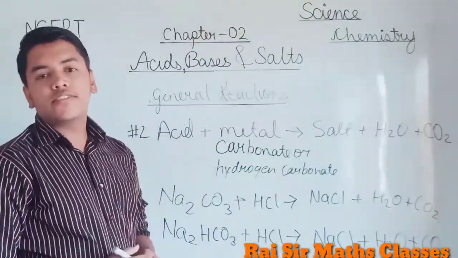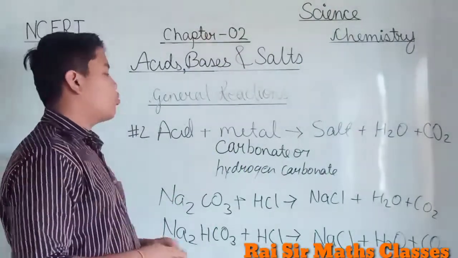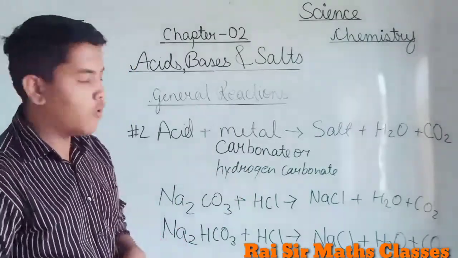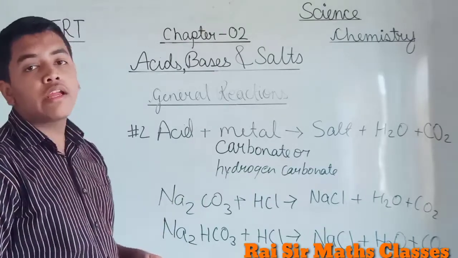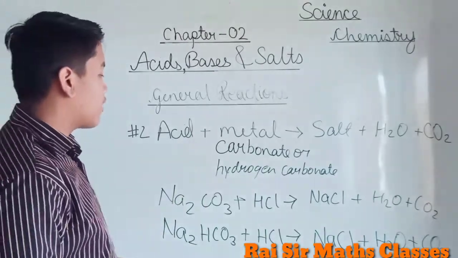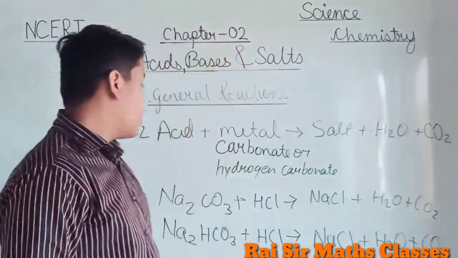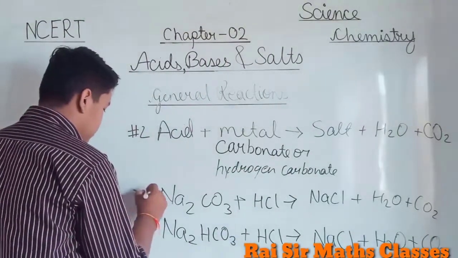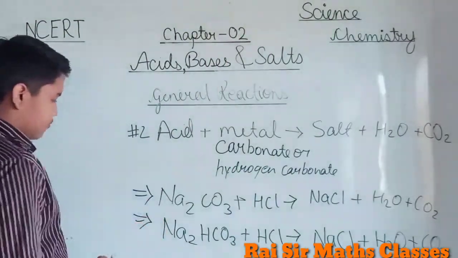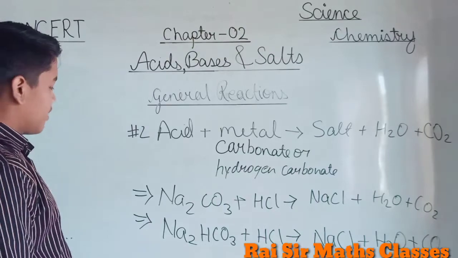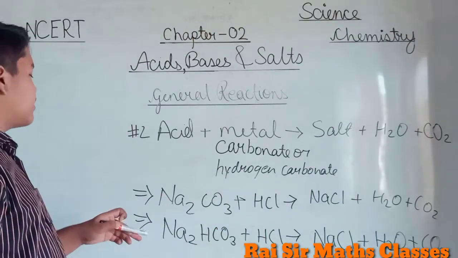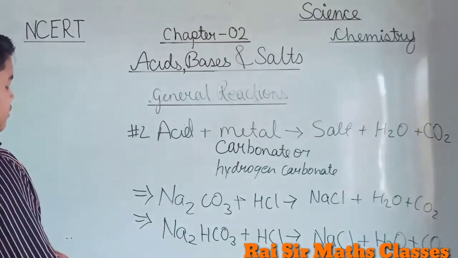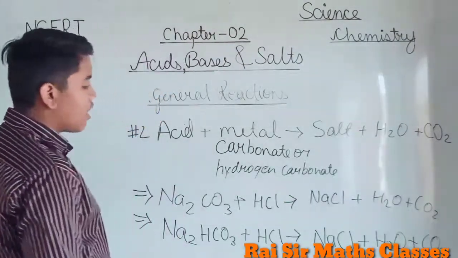Then you can say that the metal reacts. Now the second type of reaction is of acid with metal carbonate or metal hydrogen carbonate. If we are taking metal carbonate or metal hydrogen carbonate, the product will be the same. As I showed you in the example, in one part we have taken the metal carbonate, that is sodium carbonate, and in the second we are taking sodium hydrogen carbonate.